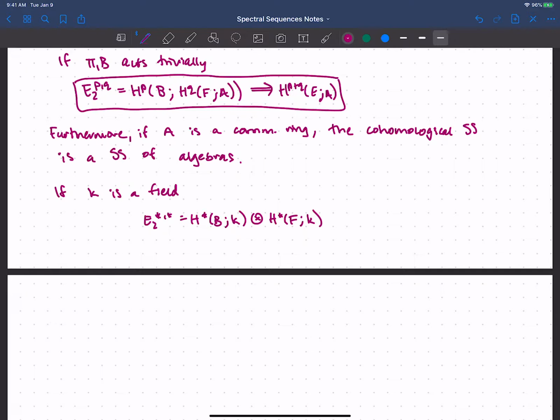There's no Tor terms, right? And here we're tensoring over K.